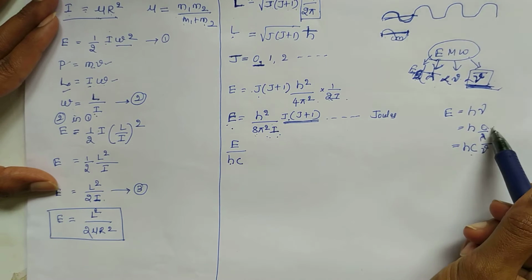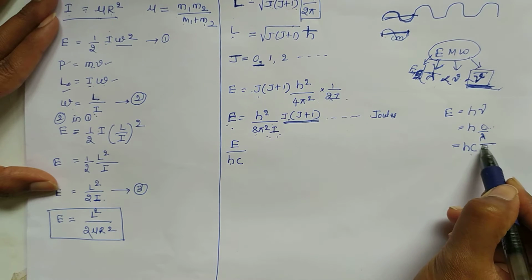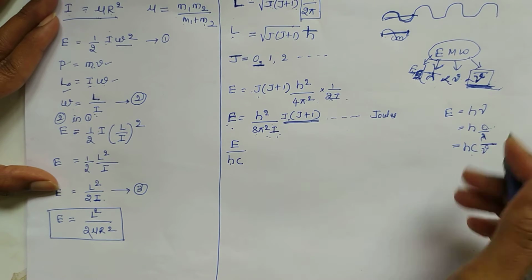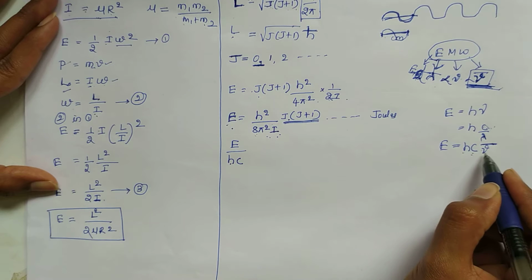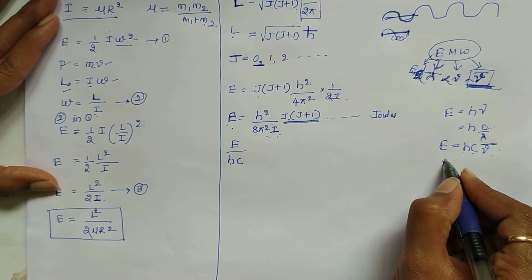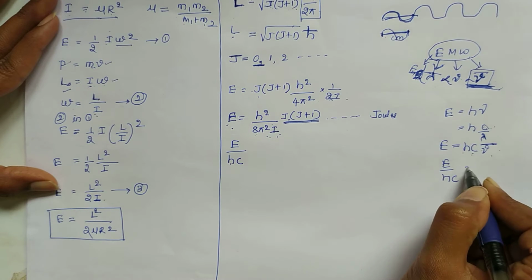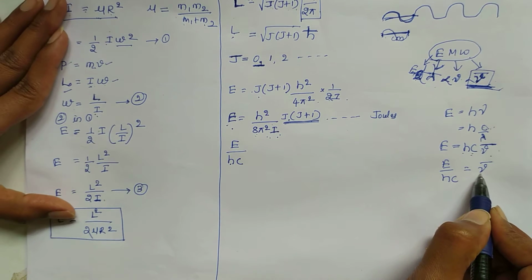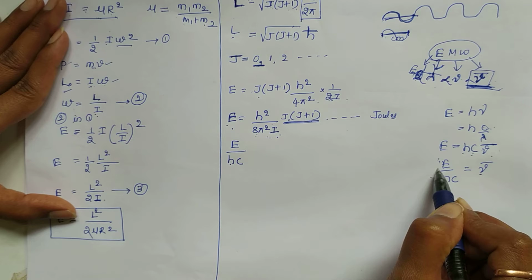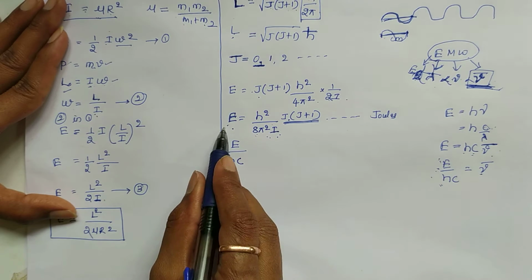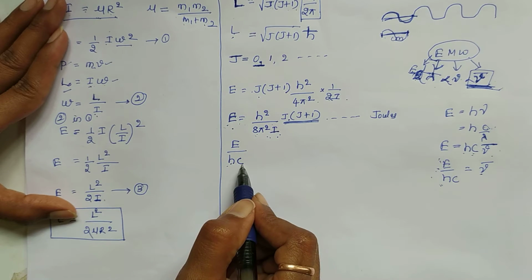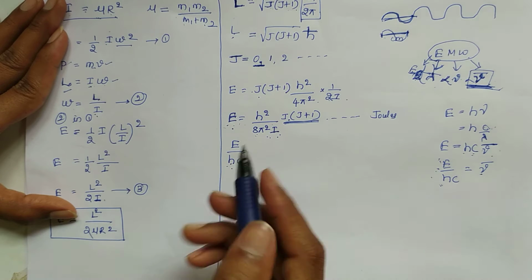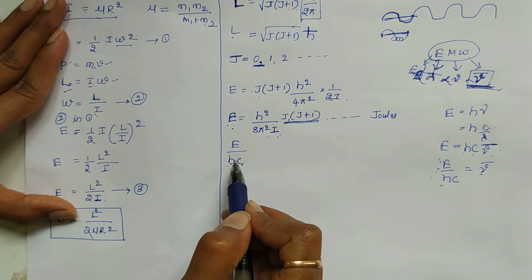In hc times 1 by lambda, I am going to replace 1 by lambda by the wave number, nu bar. So here E is equal to hc into nu bar. So E by hc is equal to nu bar. That's why if I divide this energy term by hc, I am converting it to the wave number, nu bar.